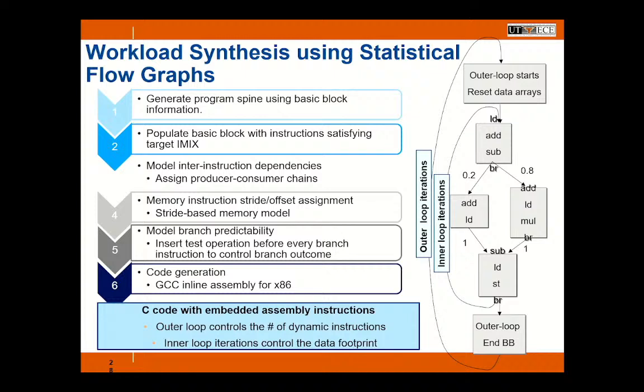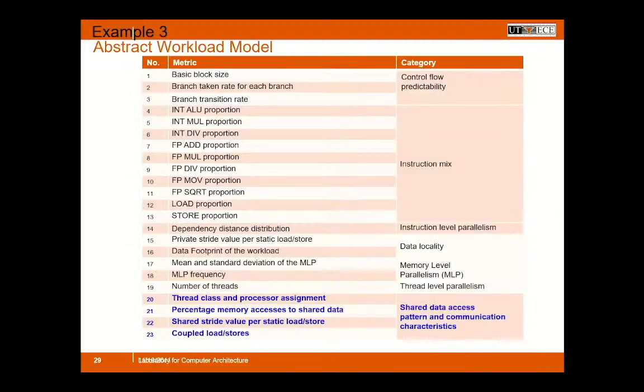The way this proxy itself worked is we use statistical flow graphs. Real programs have control flow graphs, but if you analyze all of the basic blocks and the control flow graphs, you can see that many places are similar. So statistically, you can model that and say, if I have a program with a mix of these kinds of basic blocks, and frequencies of going from this nature to that, some such principles were employed to make the proxies.